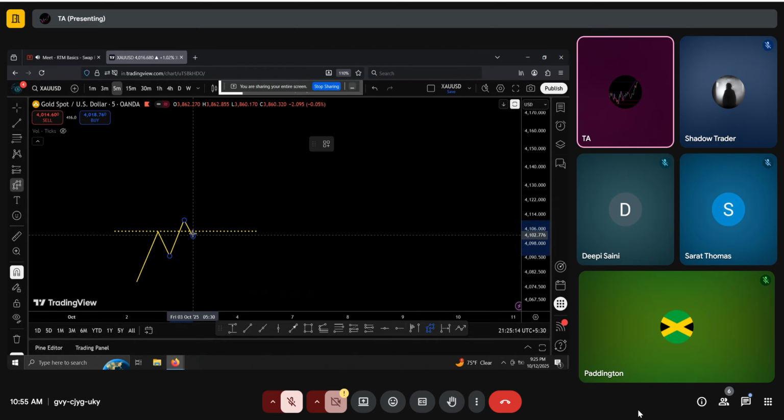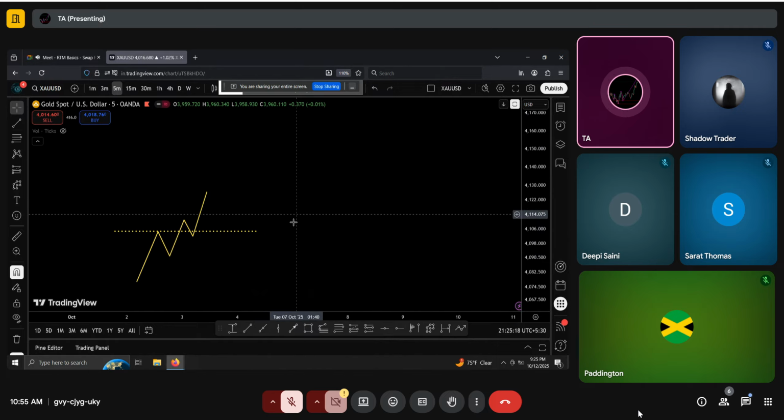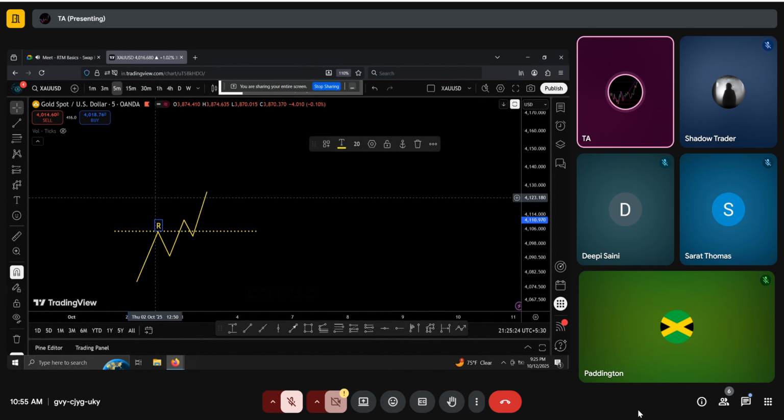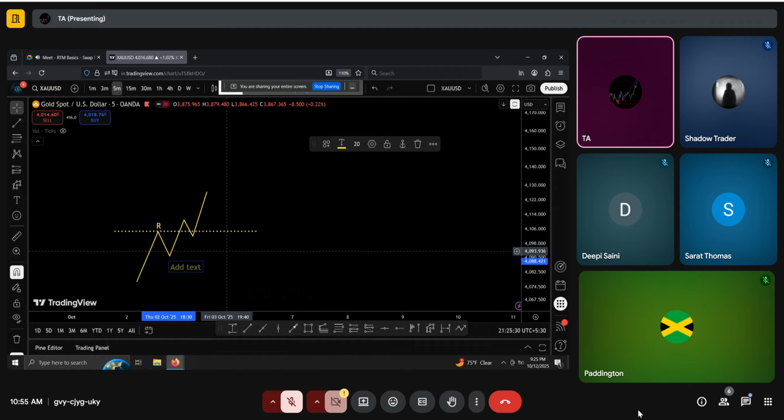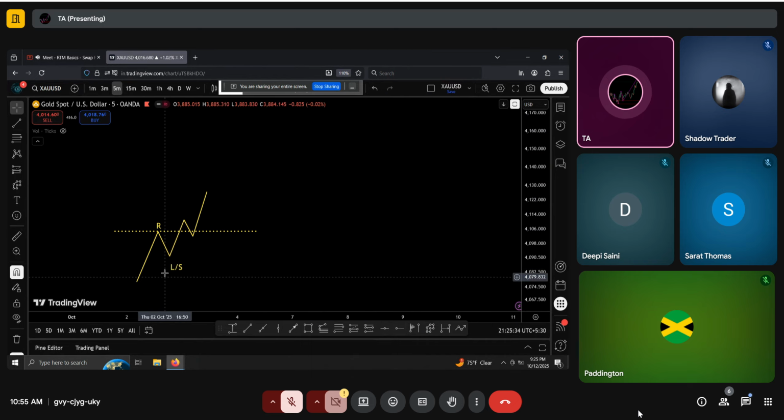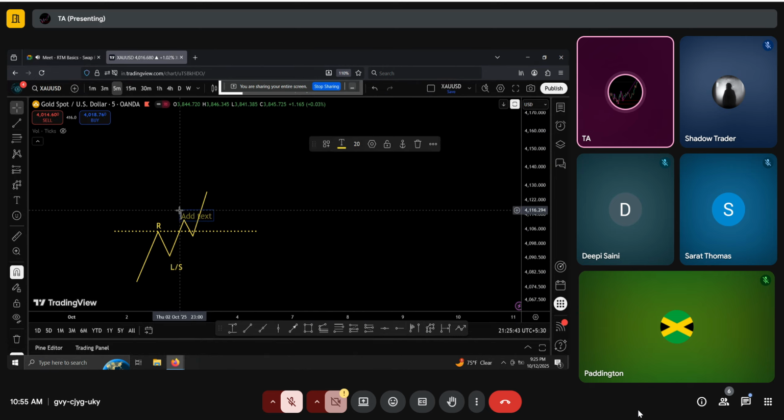So here at the resistance level, price came back, makes a low here. We can call it low or we can call it support as well. Due to this support, the price went up again and creates a high here.